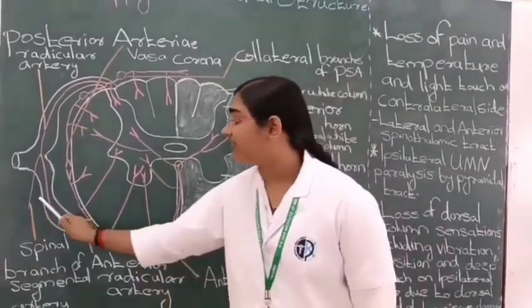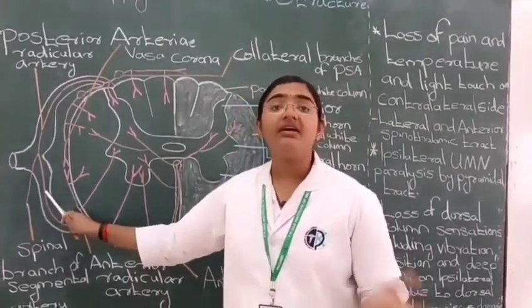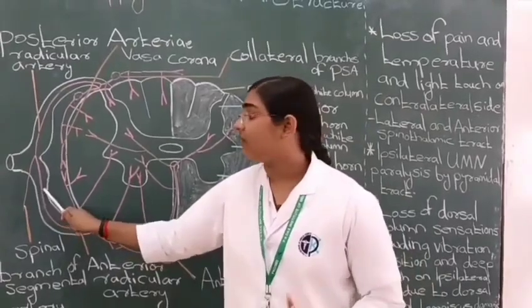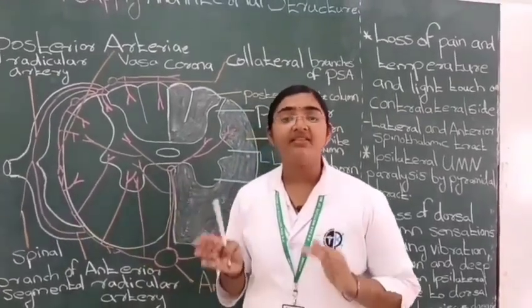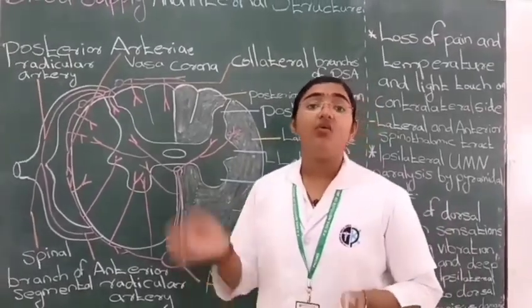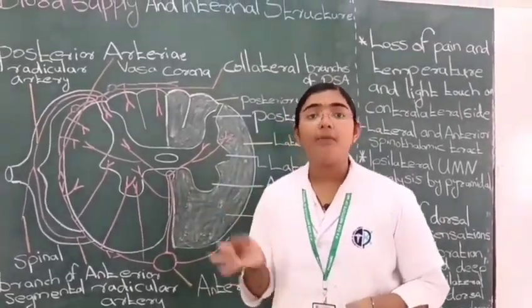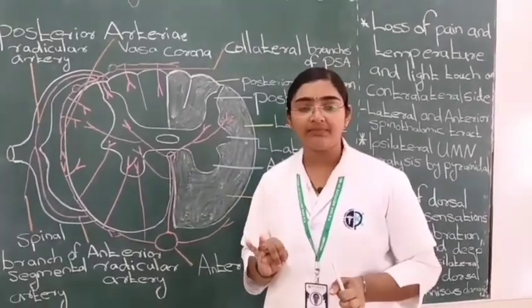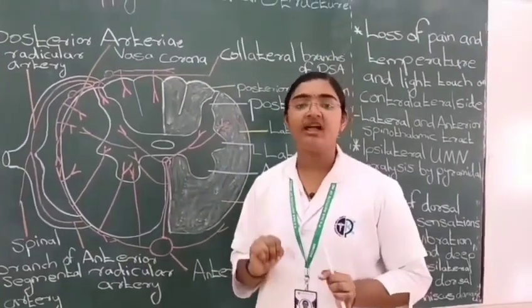The third one is the segmental artery or radicular artery. This is formed by the spinal branches of the surrounding blood vessels. Which are the surrounding blood vessels? The vertebral, deep cervical, posterior inferior alveolar, lumbar and lateral sacral arteries.